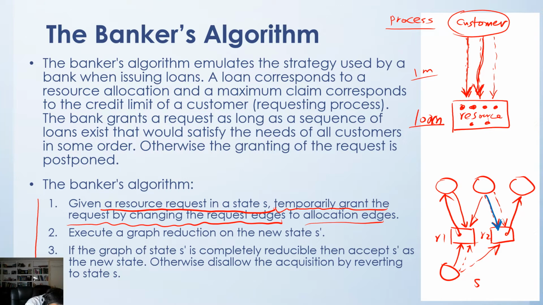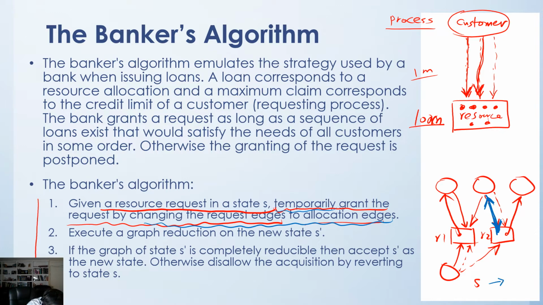You're going to change the claim, the dashed edge, to a real claim. And then if the resource is available, then we can grant this claim to allocation. So we change the request edge to an allocation edge. Now once it's done, that's just temporary.